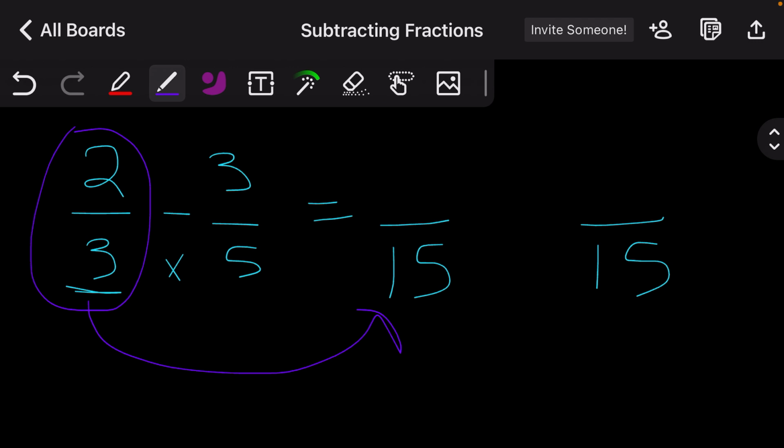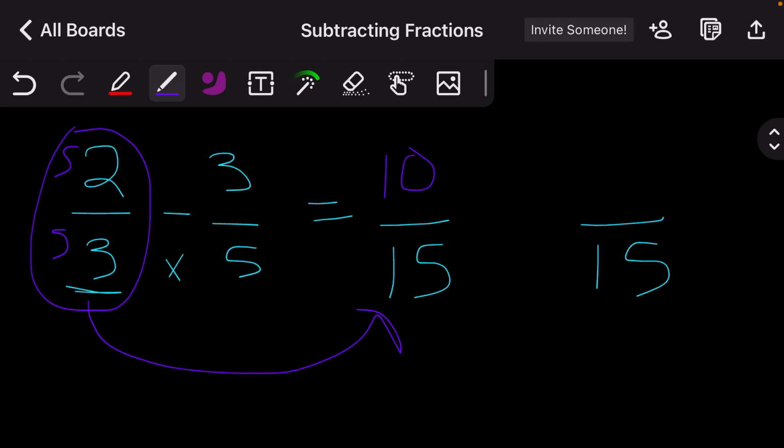So we scaled that denominator by 5. We started with 3 and we ended up with 15. So we want to make sure that we do the same thing for the numerator. We have to also scale that up by 5. And so 2 times 5 is going to give us 10.